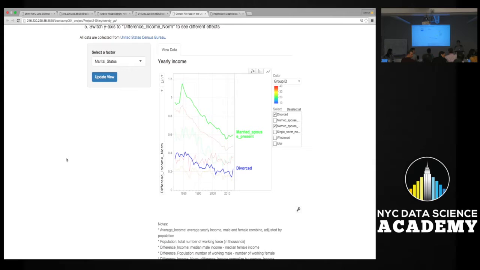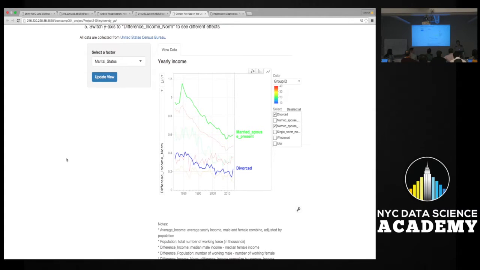Is it just the difference between average income? Technically speaking, it should be the same job level. If a woman is not working, there's no gender pay gap. Like you were just describing this married couple, where one of the spouses is not working.